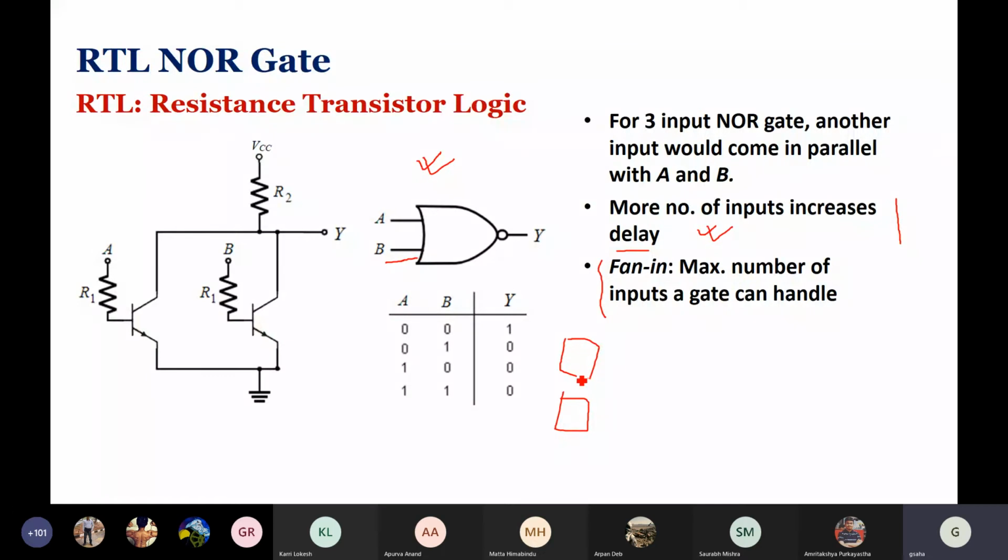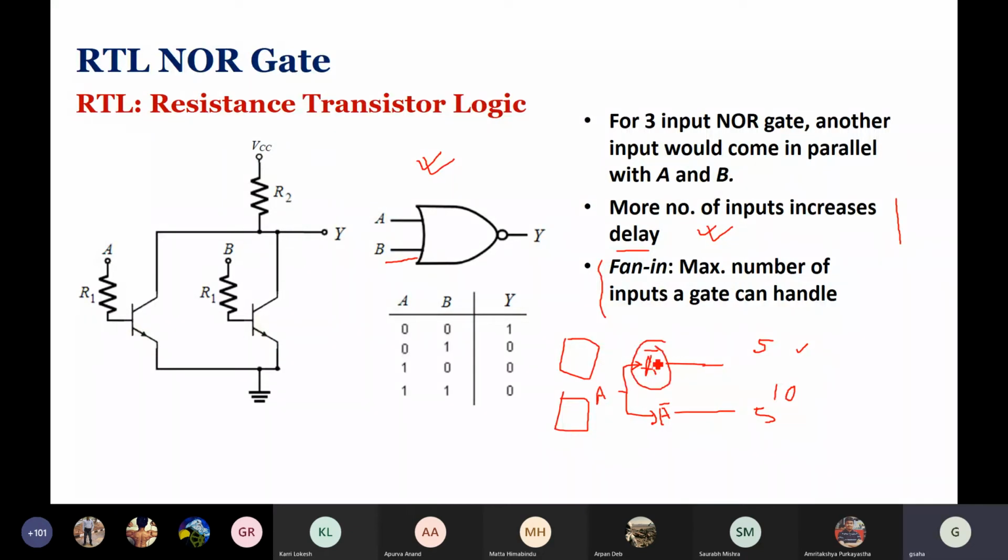Say this A bar is driving, and its fan-out is 5. So, dividing the problem into sub-problems, yes, good. For this family, A bar can drive a fan-out of 5, and you want 10. So this is A, and there is an inverter generating A bar. You put another device to generate another A bar, and that will serve the other 5. You are not compelled to use only one here.